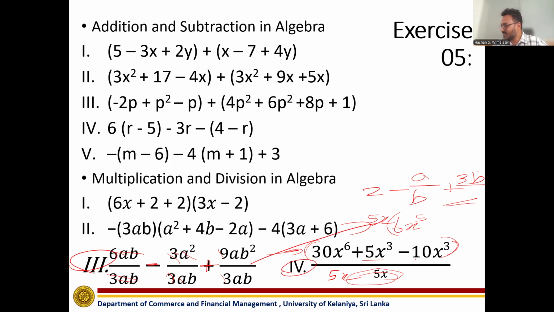And if you are dividing separate terms by 5x plus x power 2 minus 2x power 2, you can get this as a final answer, and you can settle the 5x and this 5x, right? That's the way we are doing.